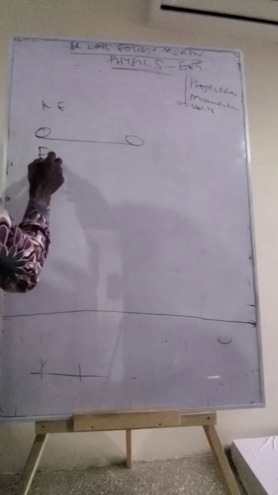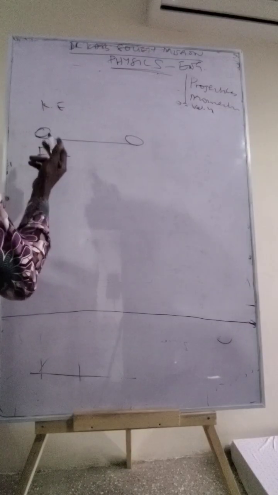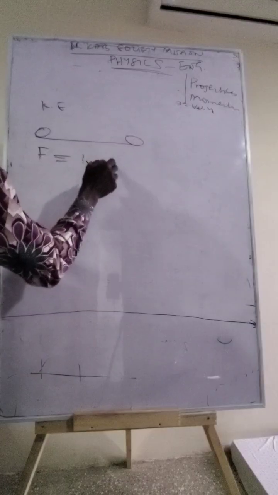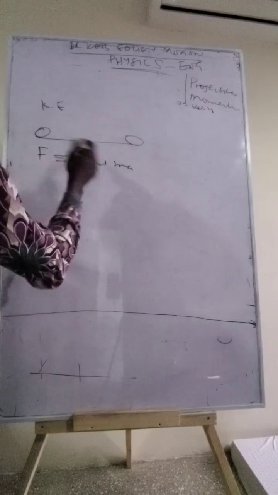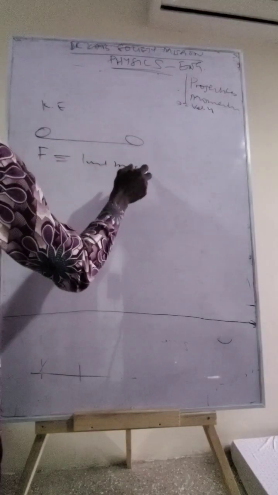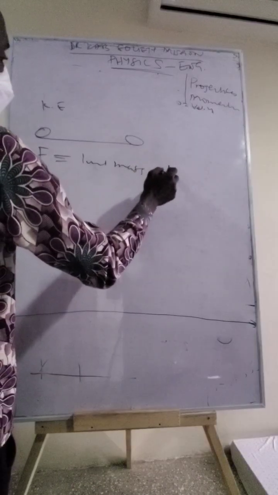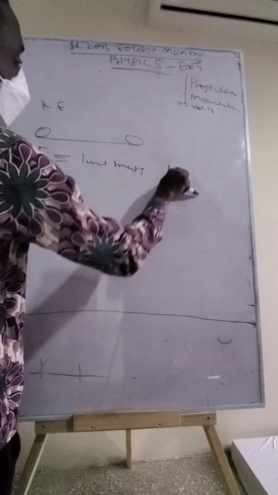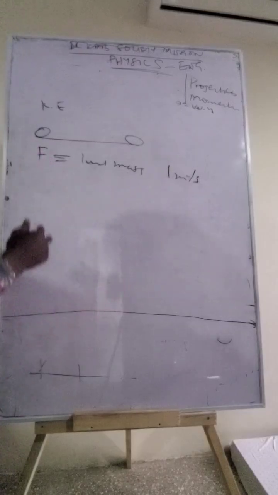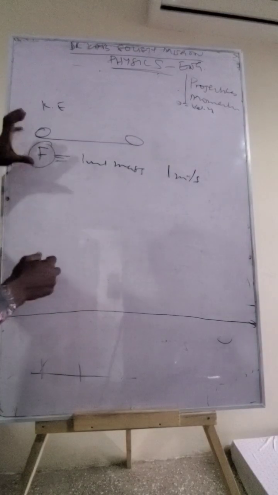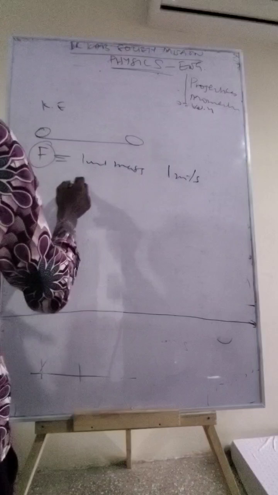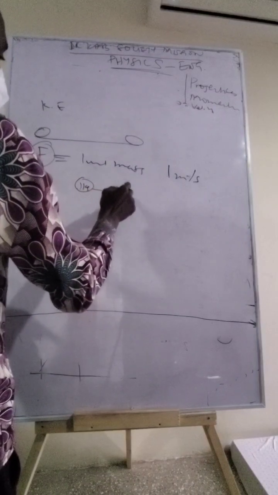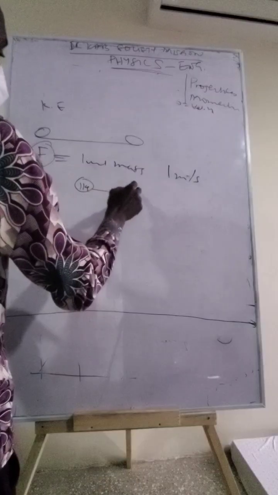Okay, it's the amount of pull that will give a 1 unit mass an acceleration of 1 meter per second squared. So the force in quantity will be the measure that will cause 1 kilogram to accelerate by 1 meter per second squared.